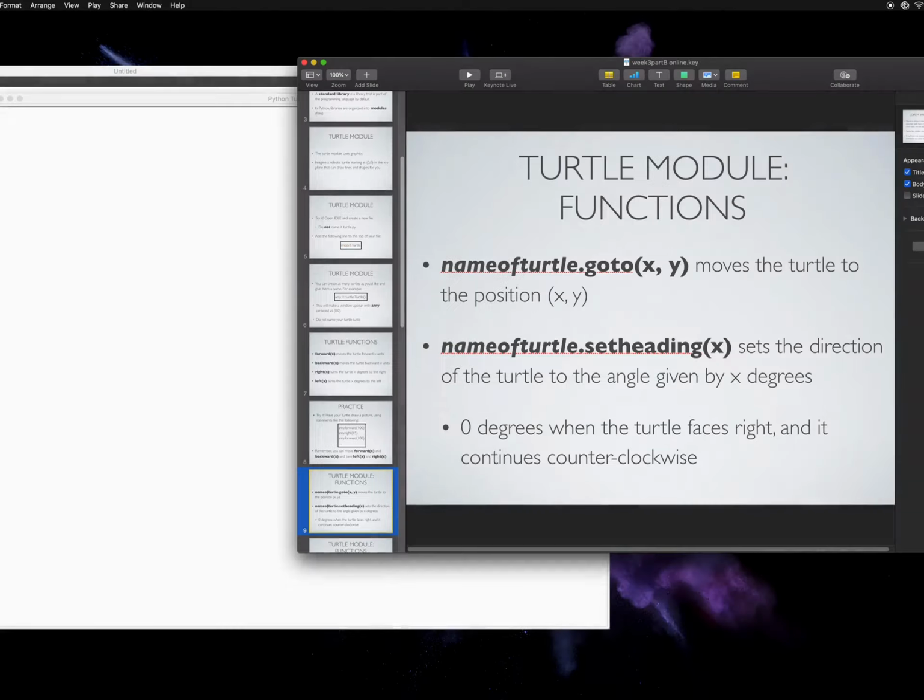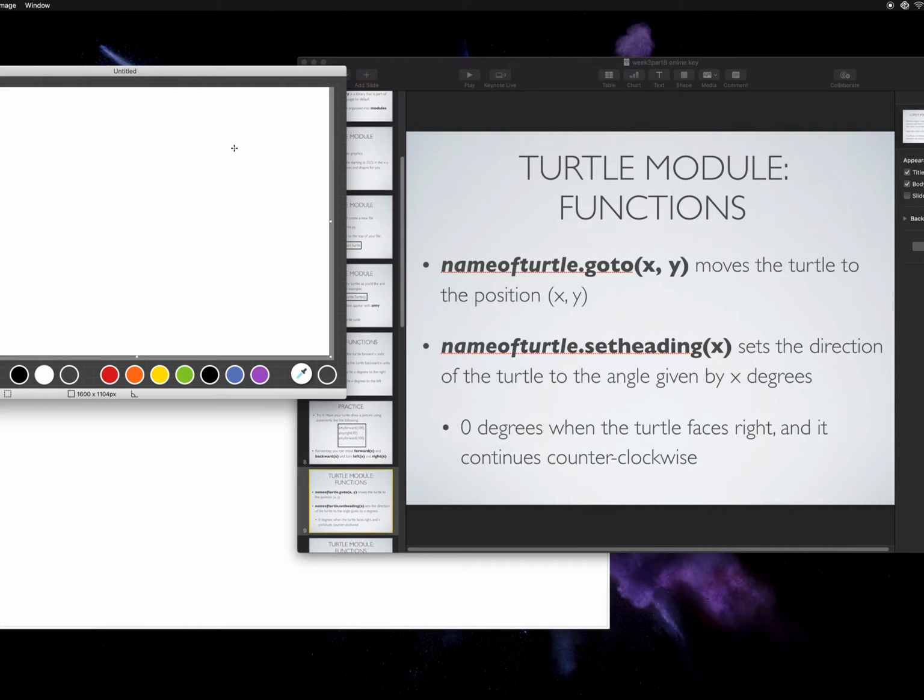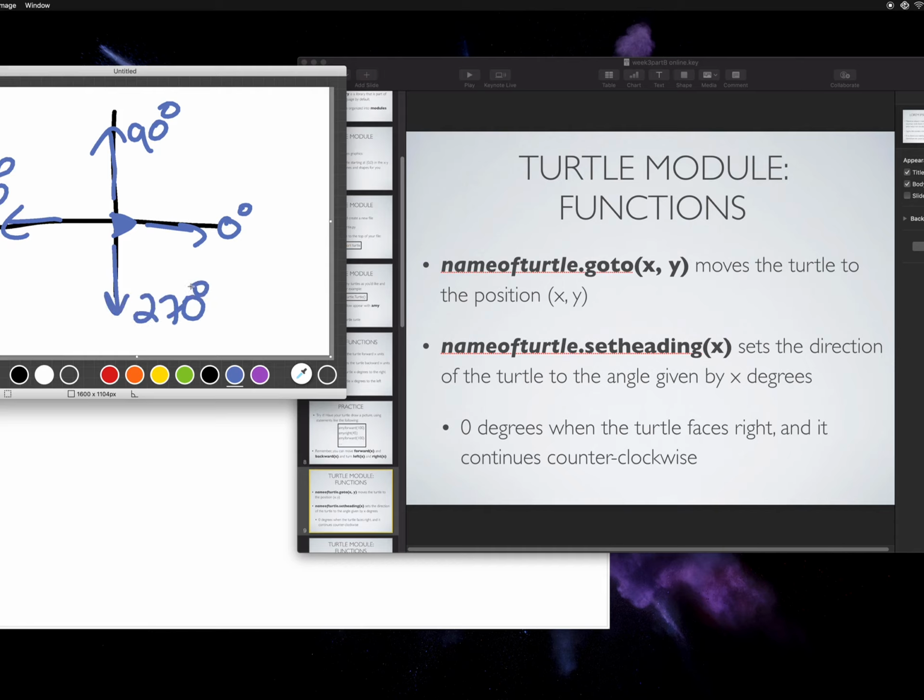So if this is our XY coordinate plane right here, and your turtle comes up, by default it's pointing this direction, which is 0 degrees. This direction is going to be 90. This one's 180. And this one's 270. So those are the headings moving around.